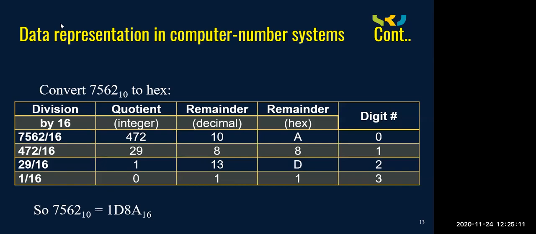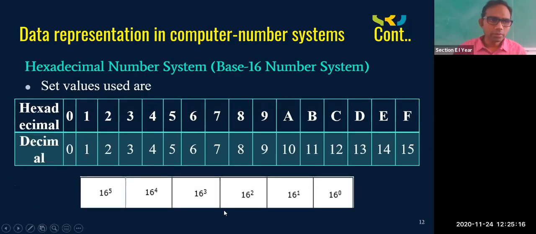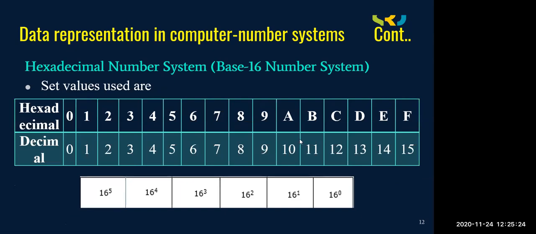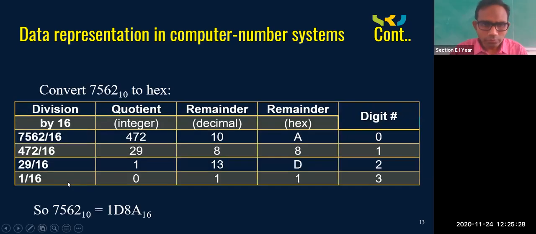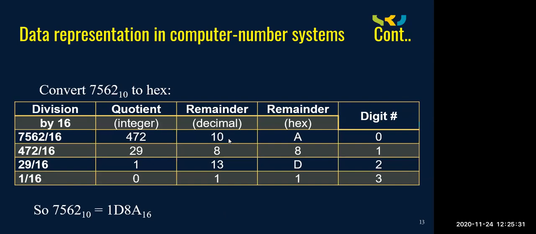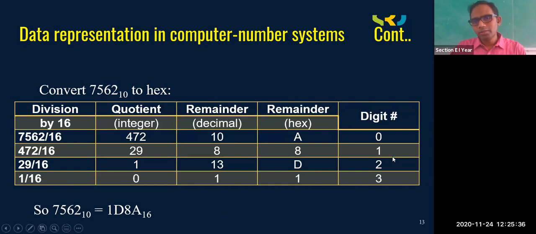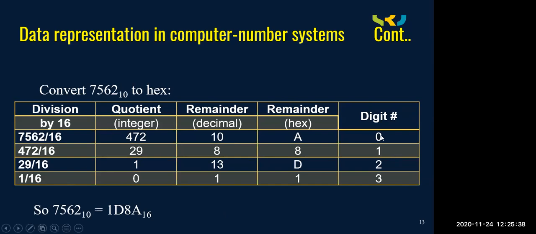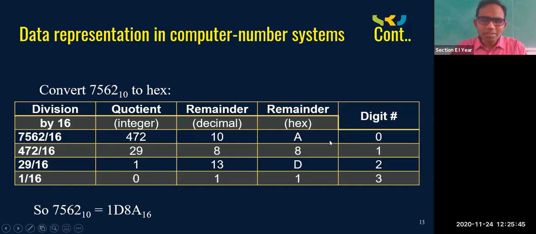What is the hexadecimal equivalent of the decimal number system? 0 is equal to 0, 9 is equal to 9, 10 is equal to A. Don't concentrate on the digit, leave it.